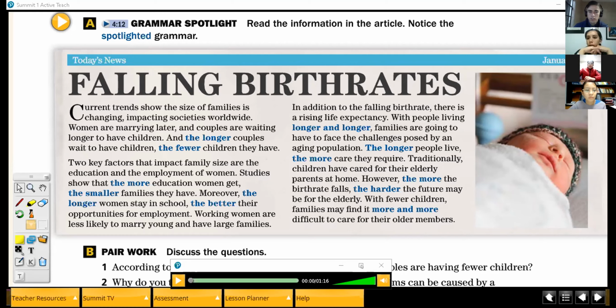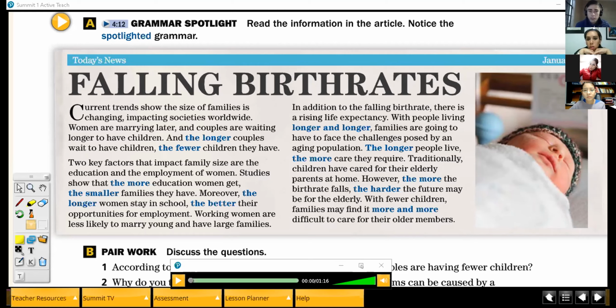Because the people are busy at their work and they can't take care of the children. Okay. What age group is increasing? The elderly. That's right. And what challenges does that pose? Taking care of them. So that's right. Correct.